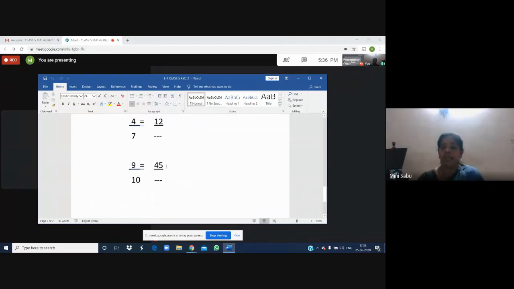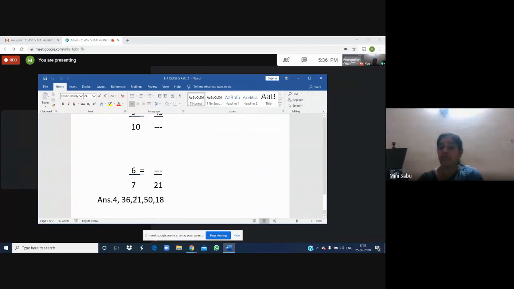Now one more example for you. You see here both numerators are given, 9 and 45. What is the relationship between 9 and 45? 9 5s are 45. So here also we have to multiply by the same 5. 10 5s are 50. The answer should be 50. Now the last question for today. 6 by 7 equal to dash upon 21.